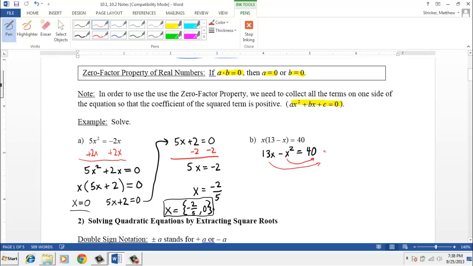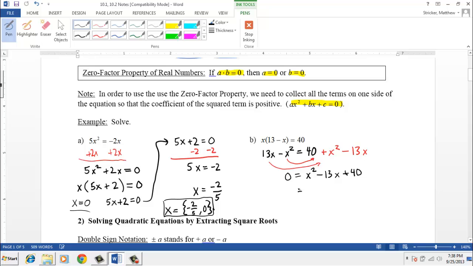That means I need to add x squared and subtract 13x on the right side. I need to do the opposites. So this is really going to be 0 equals, and let's write the correct order here: x squared minus 13x plus 40.